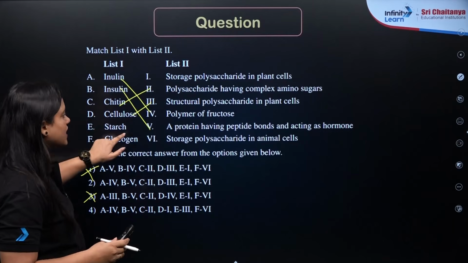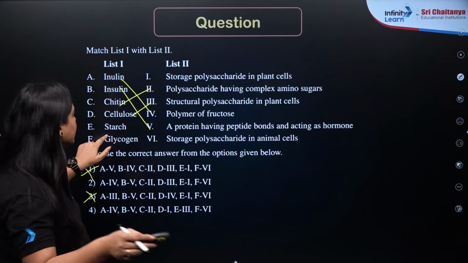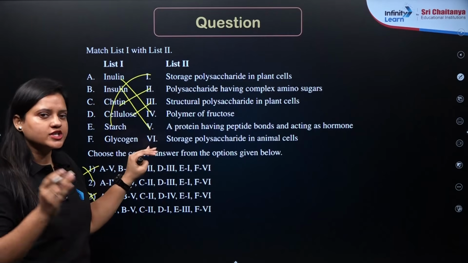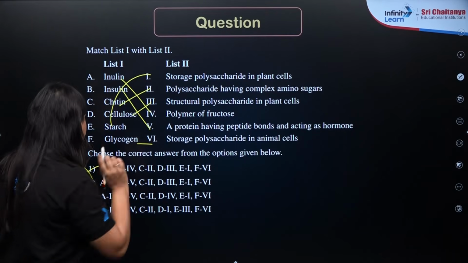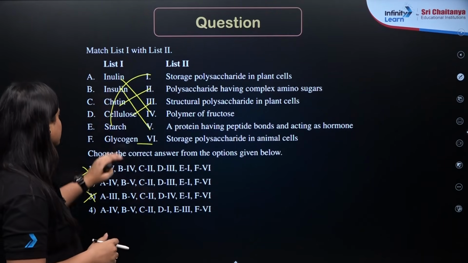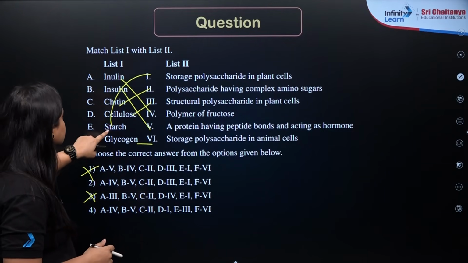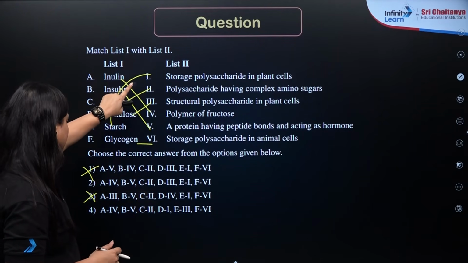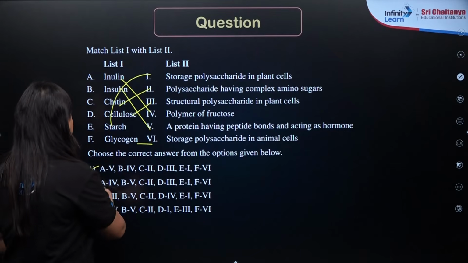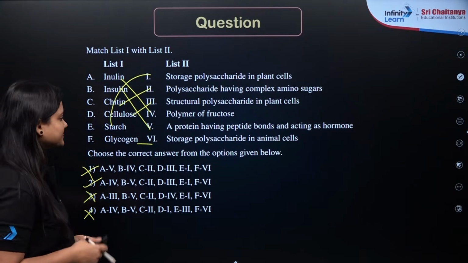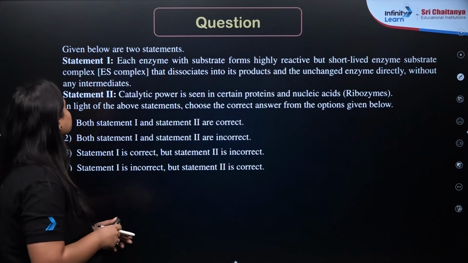Now coming to starch, it is a storage polysaccharide in plant cell, right? And glycogen is a storage polysaccharide in animal cell, right? So A is matched with 6th one. Now remember, the E is matched with 1, right? So we got our answer. It should be the second option. So answer is 2. Let's move on to our next question.